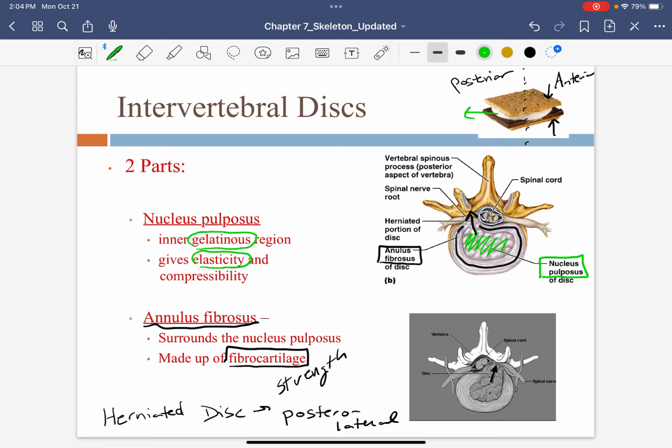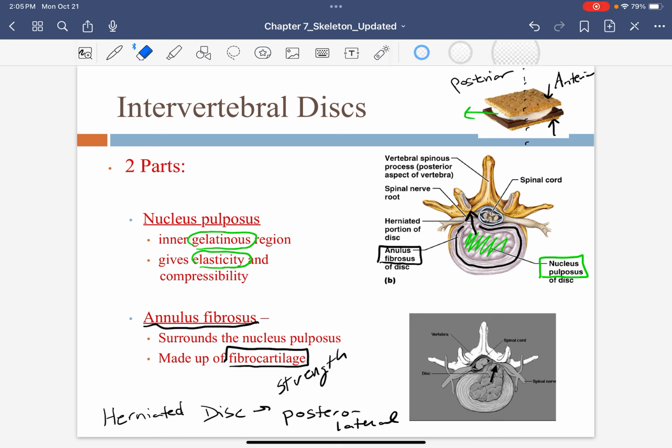With flexion, over time, the force pushes to the back, and over time, the back part of that annulus fibrosus can weaken and can lead to that disc protruding out posterolateral where it shouldn't be. So you should know this direction, posterolateral, because we do much more flexion of the trunk, which squeezes the marshmallow, or disc, out the back.